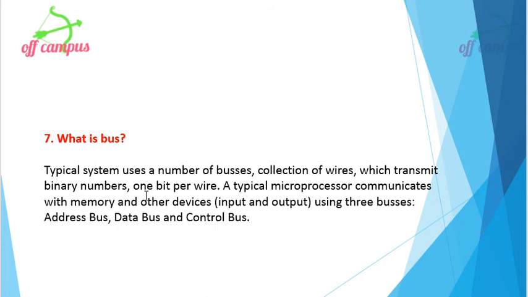A typical microprocessor communicates with memory and other devices, meaning input and output devices, using 3 buses. What are they? Address bus, data bus and control bus. First, what is a bus actually? A bus is a collection of wires which transmit binary numbers, 1 bit per wire.